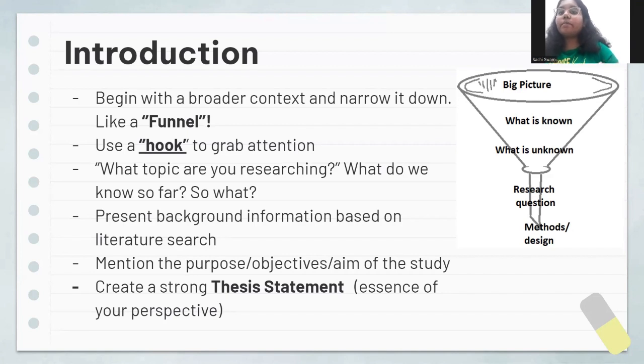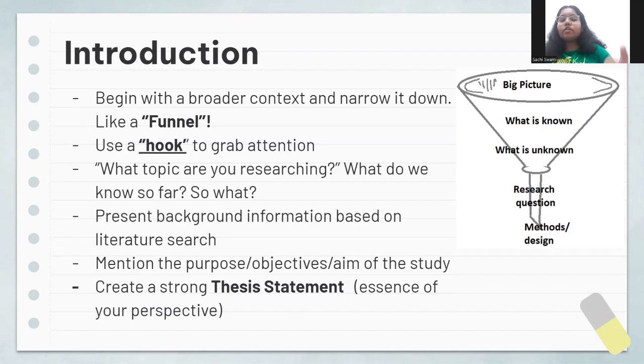You have to keep the readers engaged in your paper for them to read until the end. So that is why it's recommended to use a hook to grab the attention. And you would want to focus on answering questions. What topic are you researching? What do we know so far about it? And so what? What difference does it make for you to conduct the study?